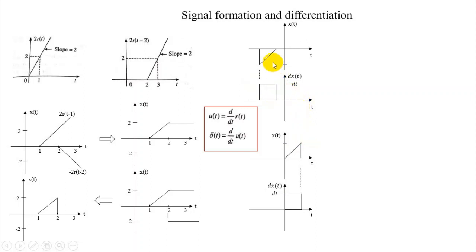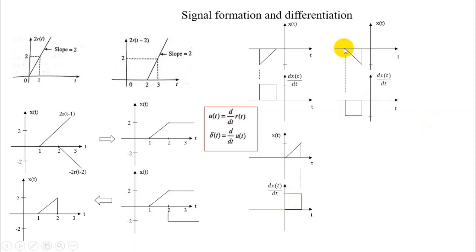However, the most important thing I need to mention here is that the slope was positive here. In this case also the slope was positive, so our derivative, the final result, was on the positive axis.